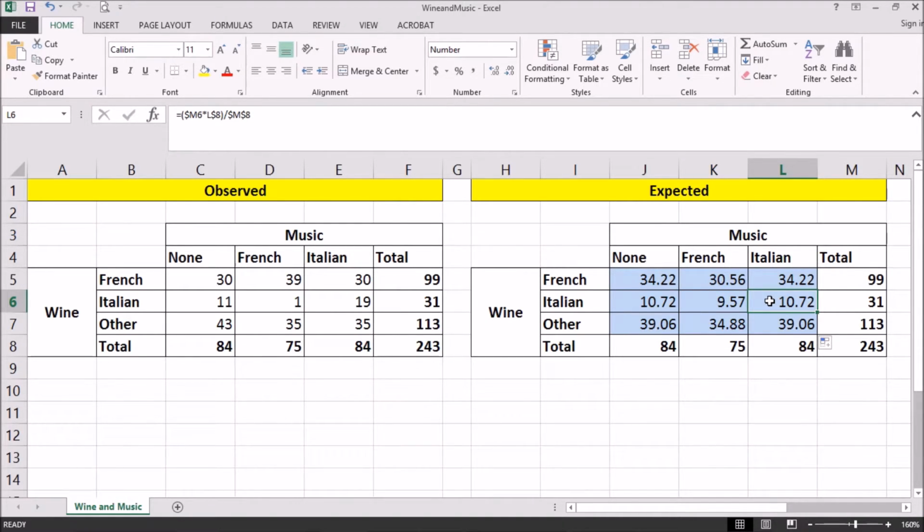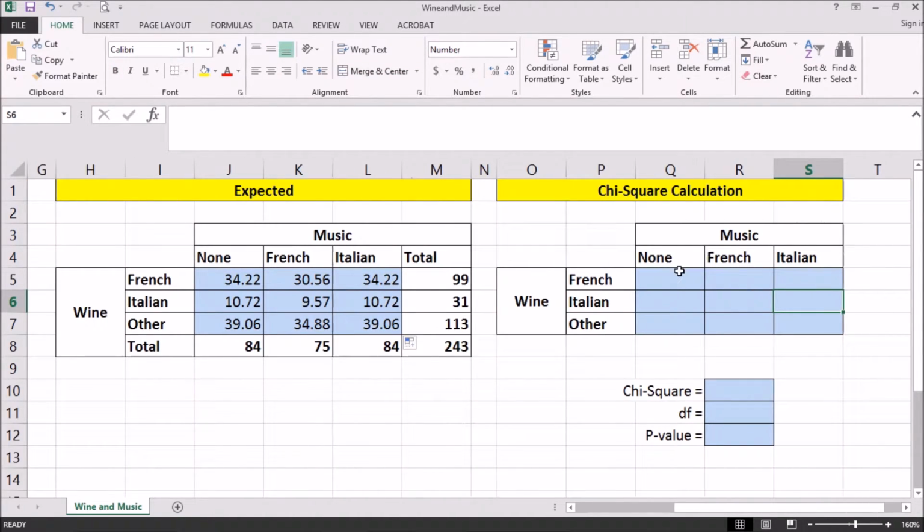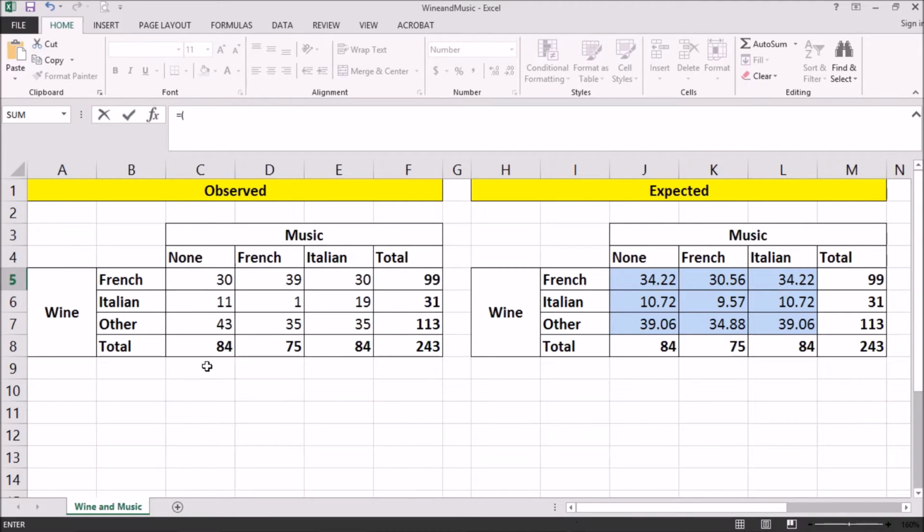Next, let's calculate our chi-square statistic for each cell. Our equation for our individual chi-square statistics is our observed value minus our expected value, and we square that difference and then divide by our expected value.